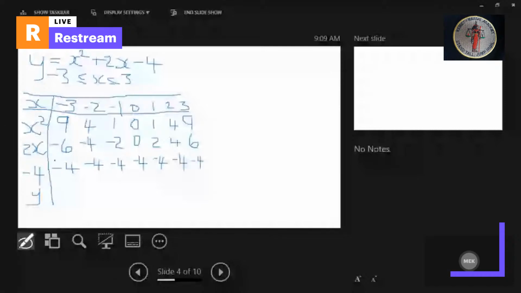So now we're going to combine our terms, and we always start wherever the function starts. This function started at x squared, okay? So we're starting at this row, at the 9.